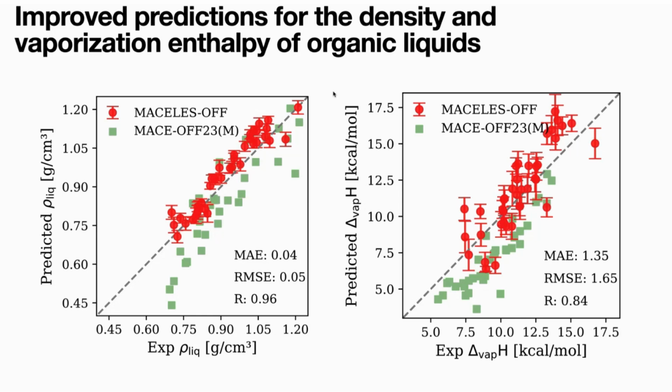The SPICE training set is completely on gas phase molecules and clusters, so extrapolating to the bulk is already by itself an impressive task. MACE-OFF has a little bit of a systematic offset in the prediction of the liquid density and vaporization enthalpy, and somehow adding LESS corrects these.